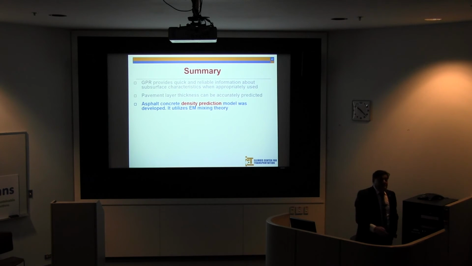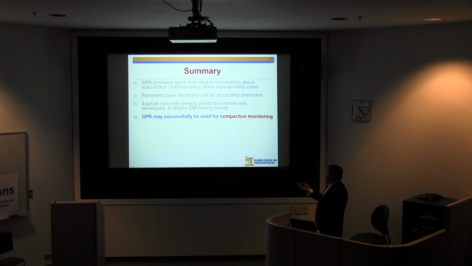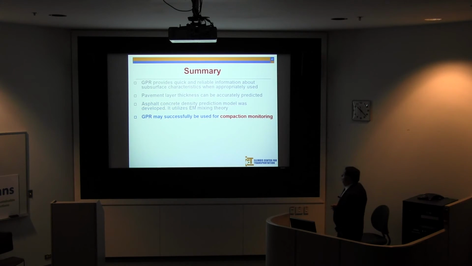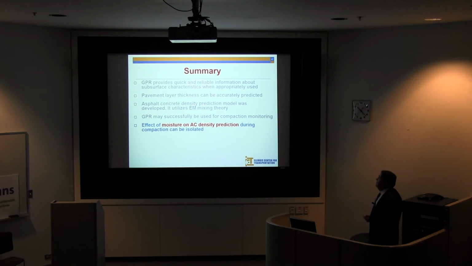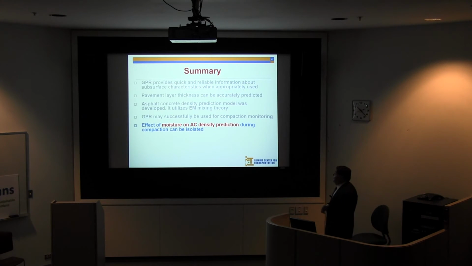And recently, as I said, we were able to isolate the impact of the moisture, which was a headache, I would say. It may be used successfully now for compaction monitoring, even if you don't want to isolate the moisture, because it can show you relatively when you achieve the compaction in spite of the existence of the water. So the effect of moisture on AC density predictions during compaction can now be isolated.